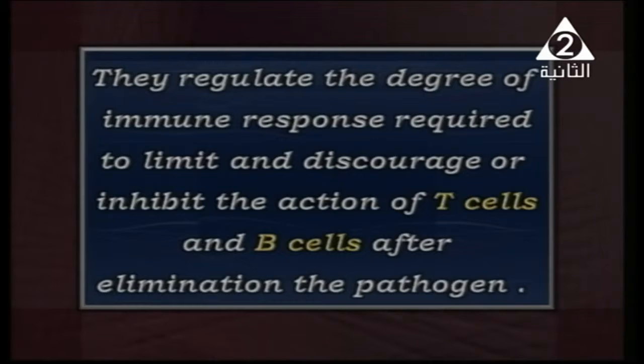So we need here a kind of manager, some type of activation to give us a limited attacking. And this limiting of the attacking, or this regulation, happens by this type of T cells.